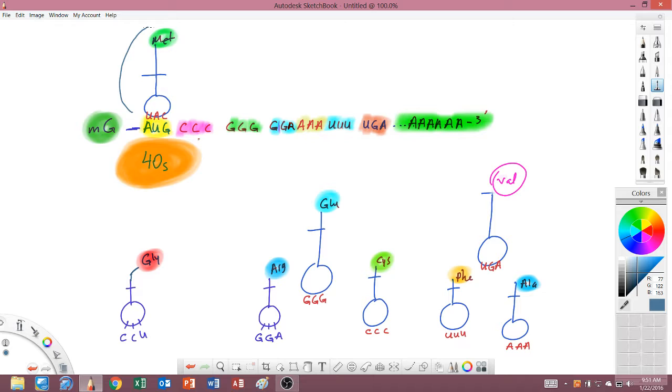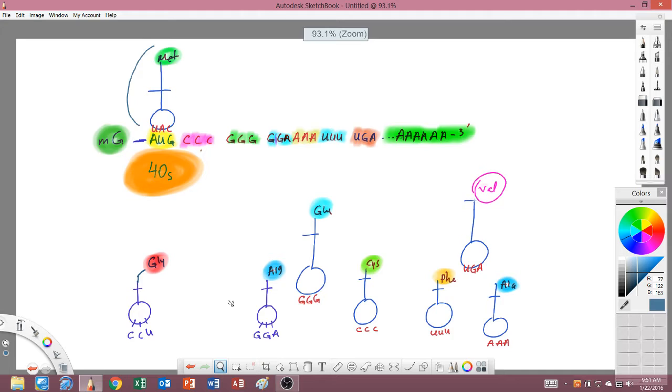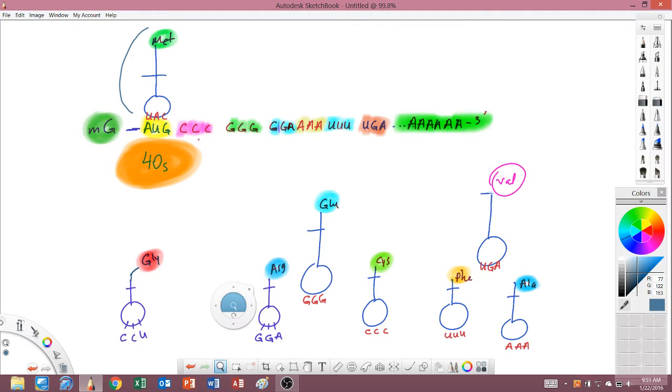The large subunit, I'm running out of room. Can I make it somehow smaller? I think I can make this smaller. Where is it? Yeah, maybe this one. Let's see. Nope. There used to be a way that I could make it smaller.